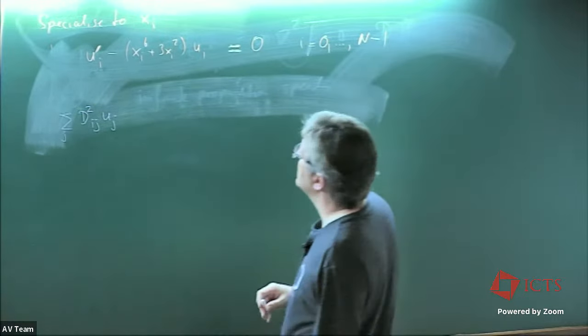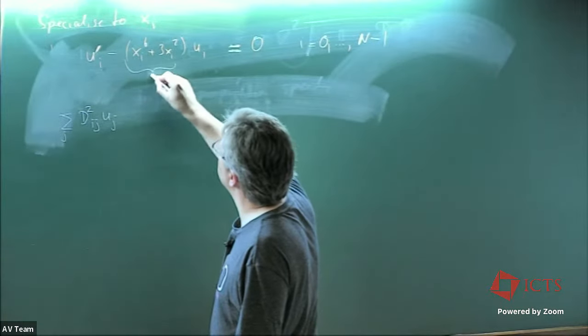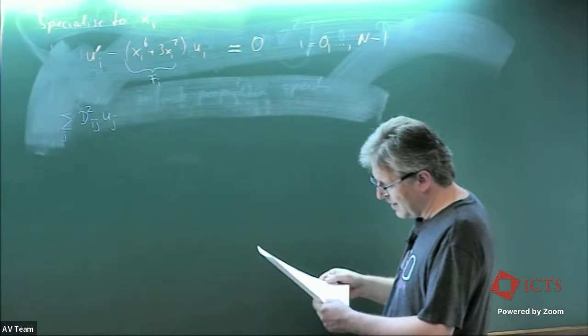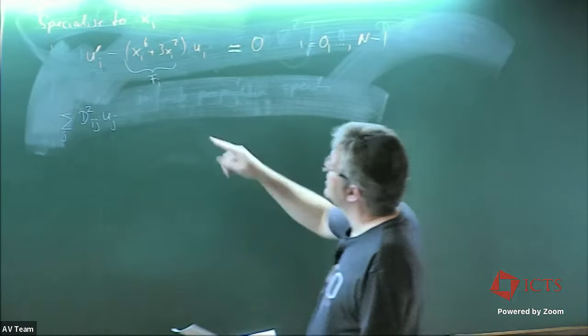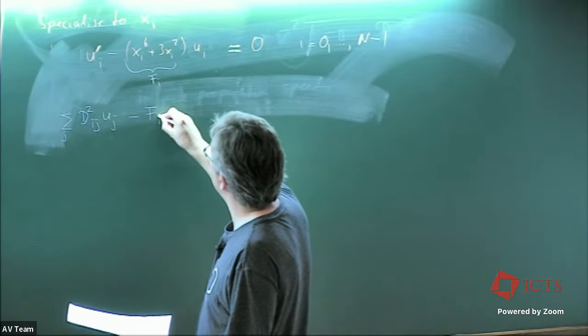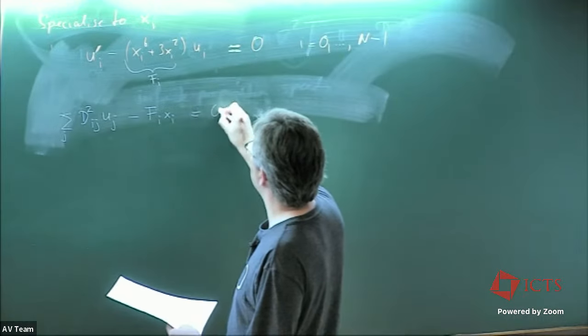I'm getting too lazy to write this thing here. So I'm calling this one f of i. And then the next step here would be a minus f of i xi, and this one is 0.